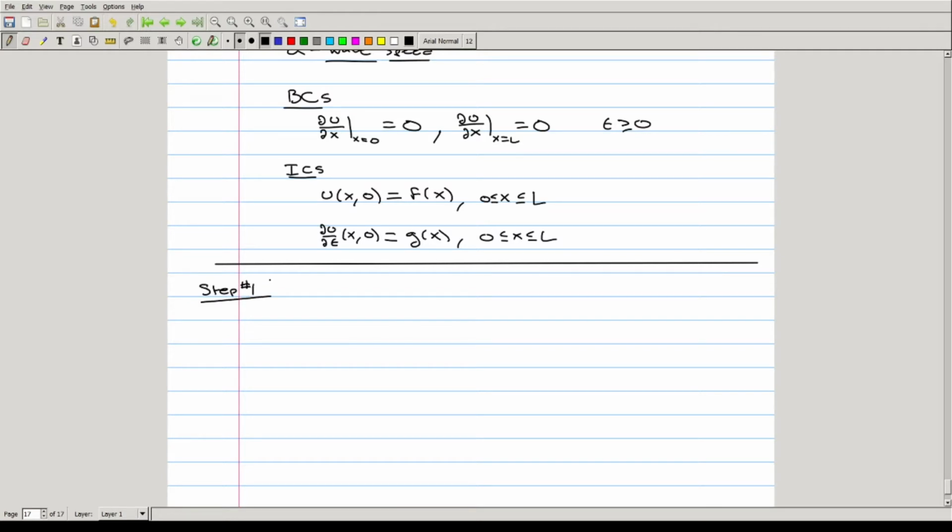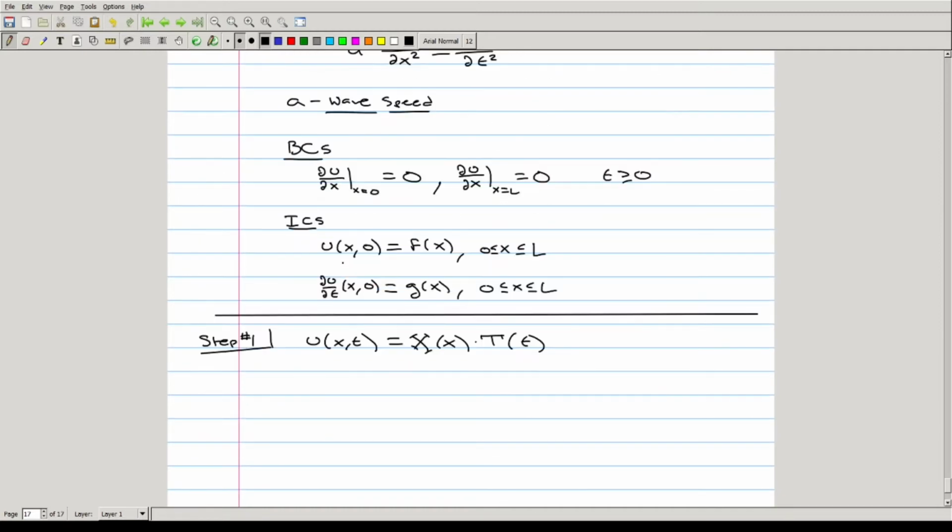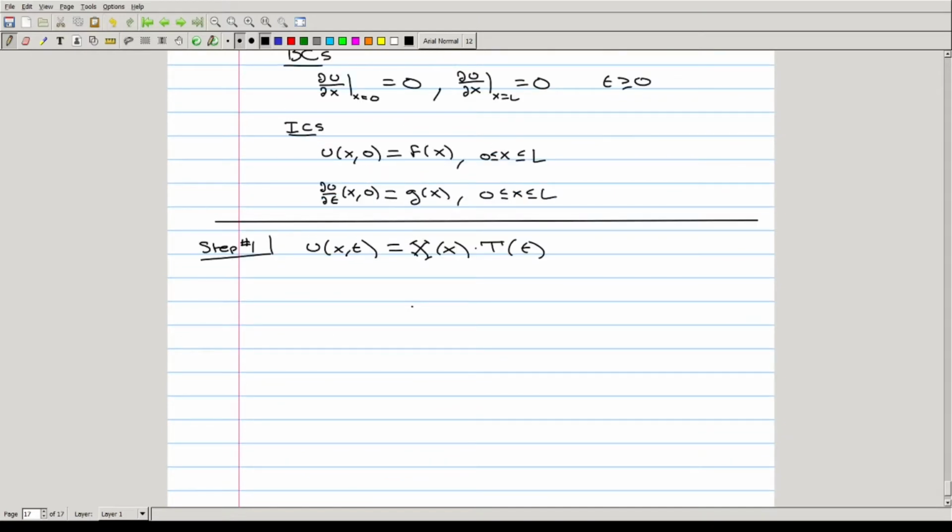Step number 1 is looking for any and all solutions of the form that's separable, u equals X(x) times T(t), and when we plug into the wave equation, this gives us the equation that needs to be satisfied: a squared times X'' times T has to be equal to X times T''.